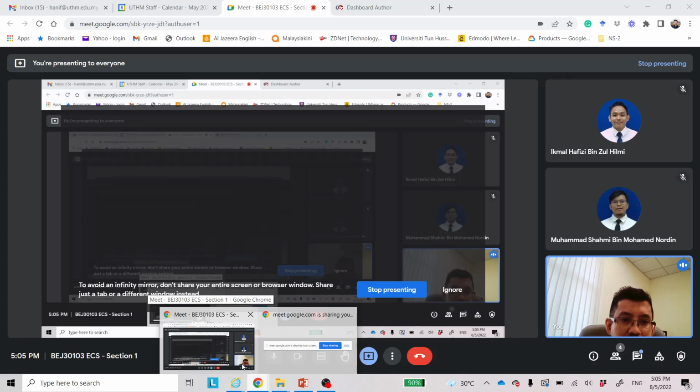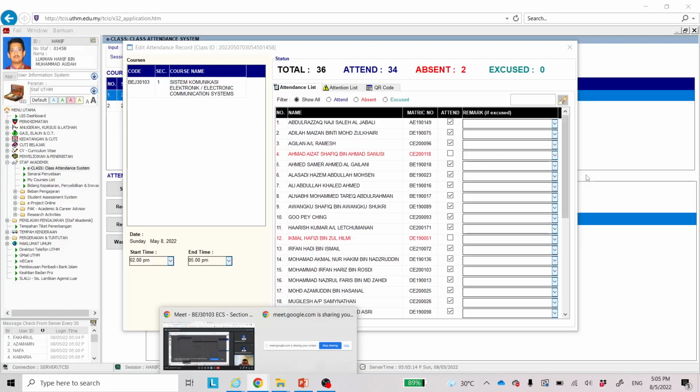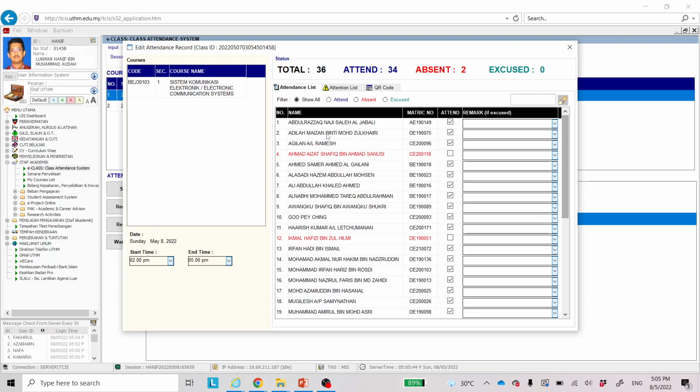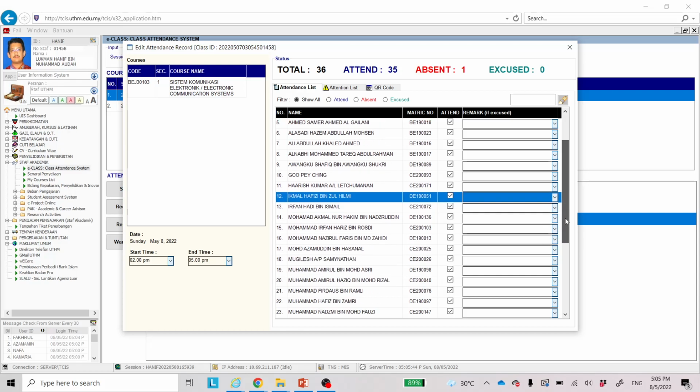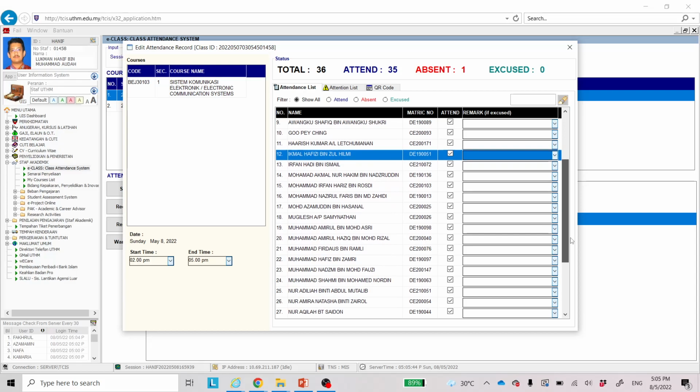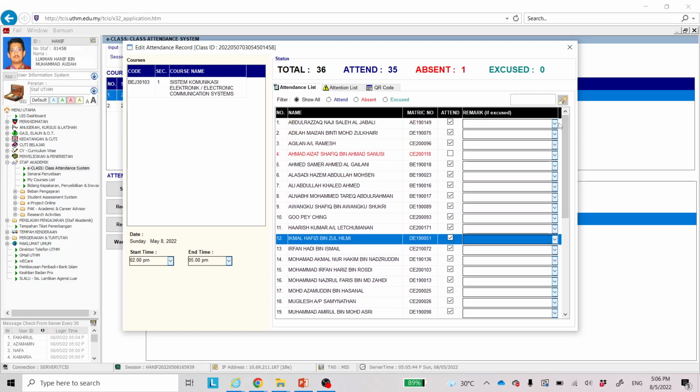Ikmal dengan Syahmi Nordin. Ikmal datang, Syahmi. Syahmi dah, Ikmal dah. Seorang tak datang. Siapa ni? Aizat Syafiq Sanusi. Okay, so that's all lah.